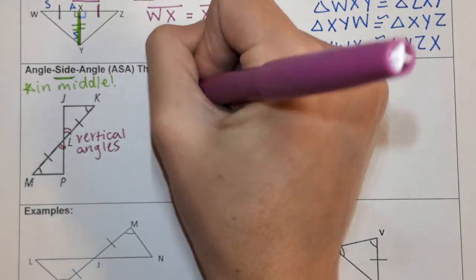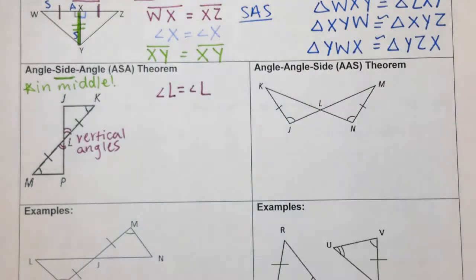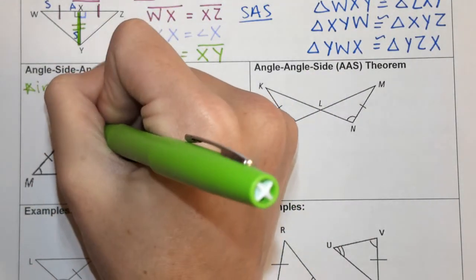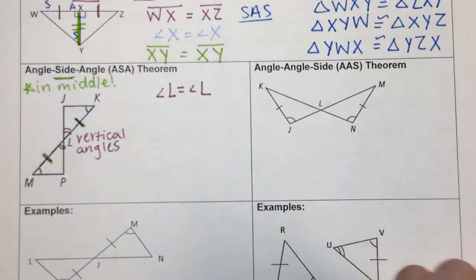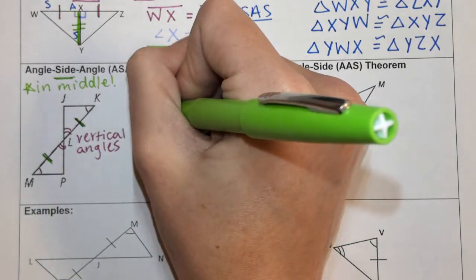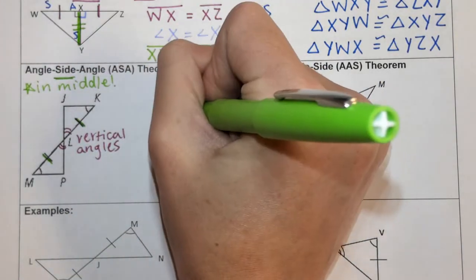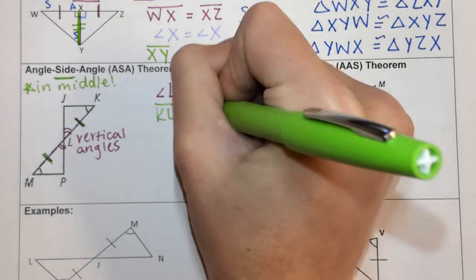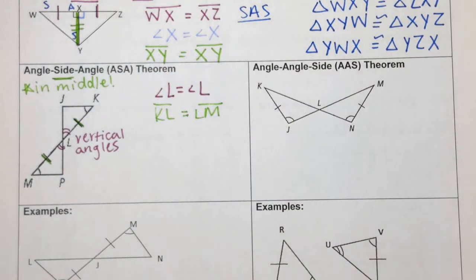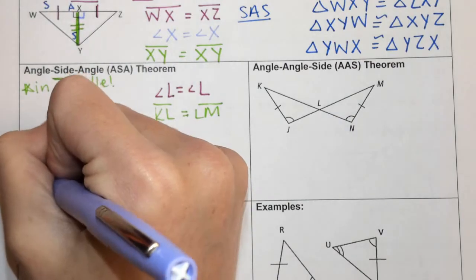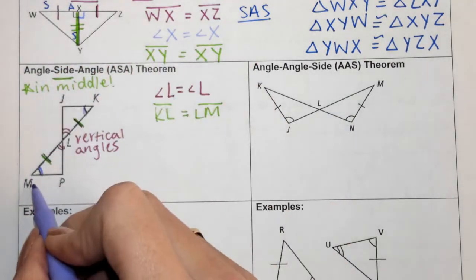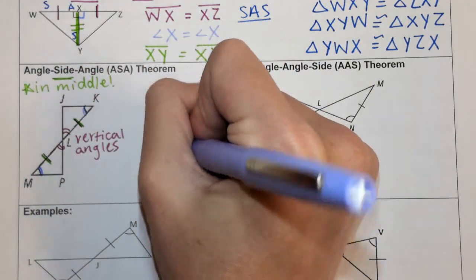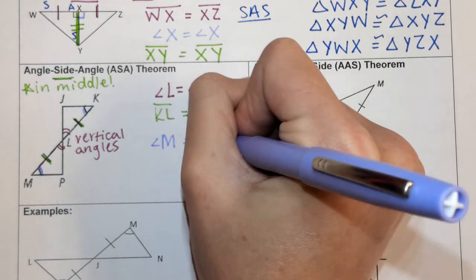So I can say that angle L is equal to angle L. Next, I see that I've got a dash mark here on a side, so I see that KL is equal to LM. And then last but not least, I've got one little mark on these two angles, so M and K are equal angles.